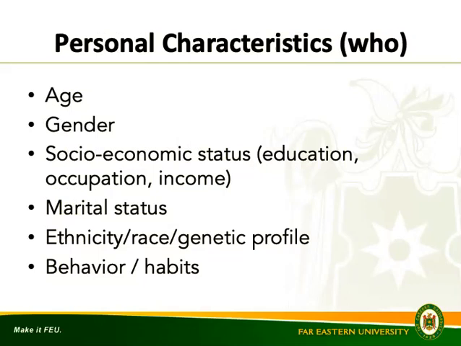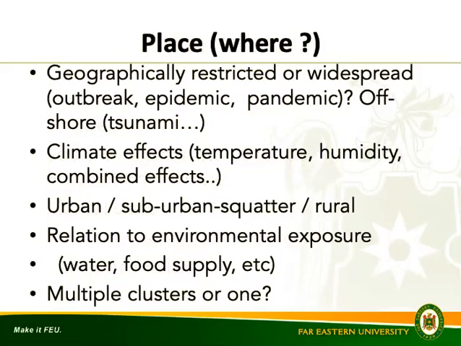So, epidemiologists or those conducting epidemiological investigations usually begin the analysis of person data by looking at each variable separately. But sometimes two variables, such as age and sex, are examined simultaneously.